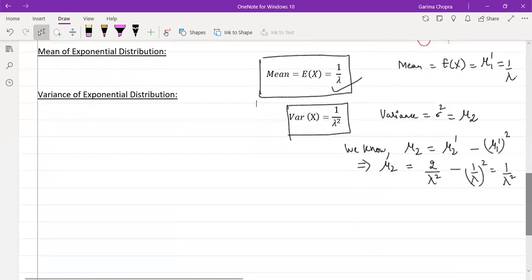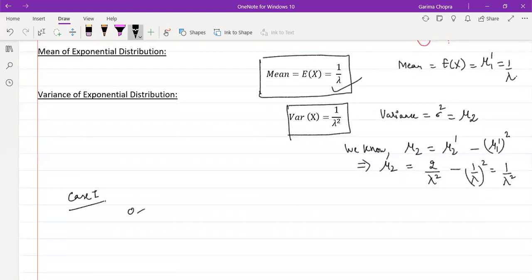Now, what will be the relation between mean and variance, which will be greater and which will be less? It depends on the value of the parameter lambda. We have two cases here, as we know that the parameter lambda is greater than 0. The first case we are considering is when lambda is less than 1.